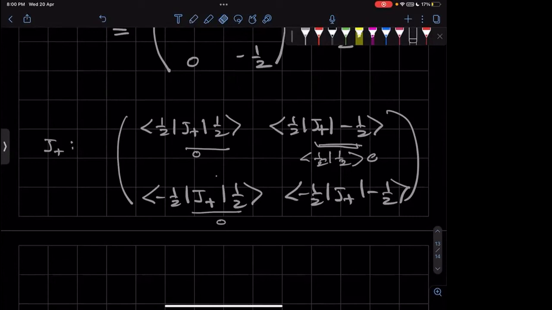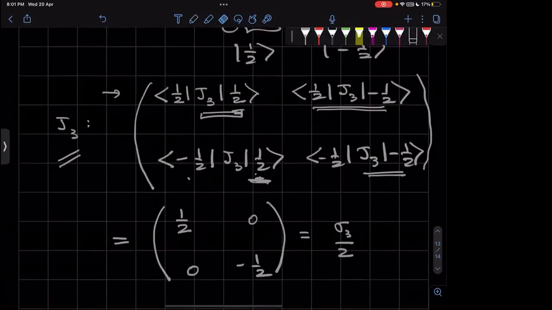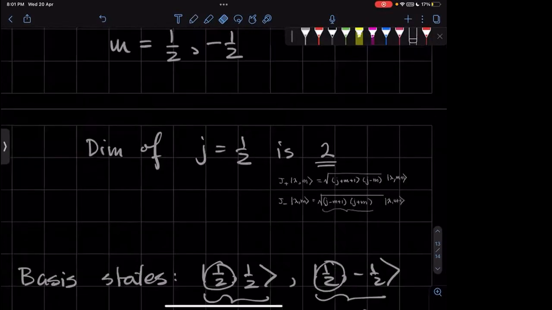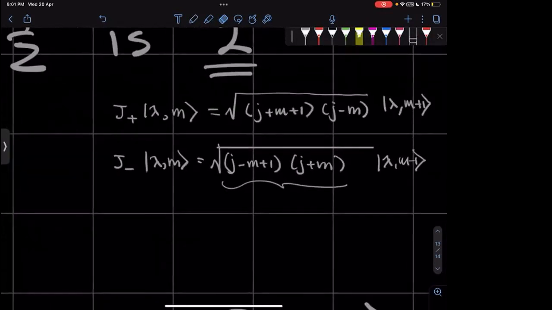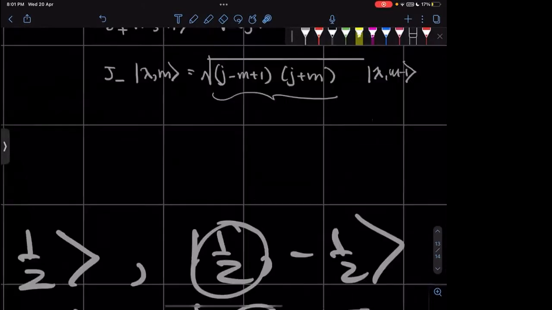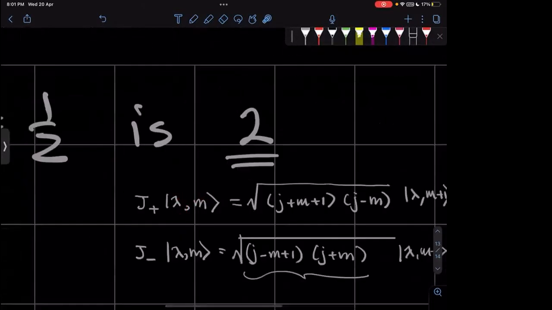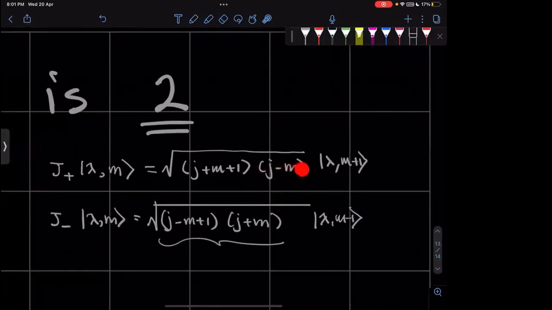Okay, so if I look at this guy, and I'm using J plus on M equals to half, where J is half. So M is minus half, sorry. So if M is minus half, J is plus half, then this becomes plus half, right? So this becomes 1. And here we have J plus half, M minus half, so this becomes 0.